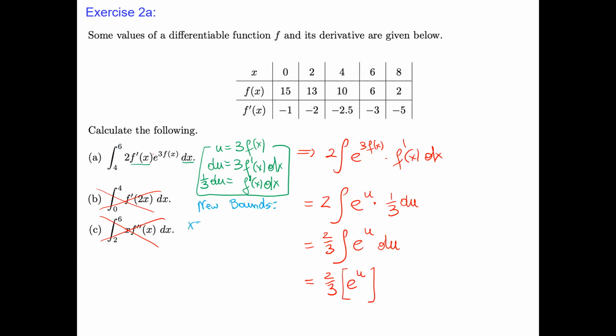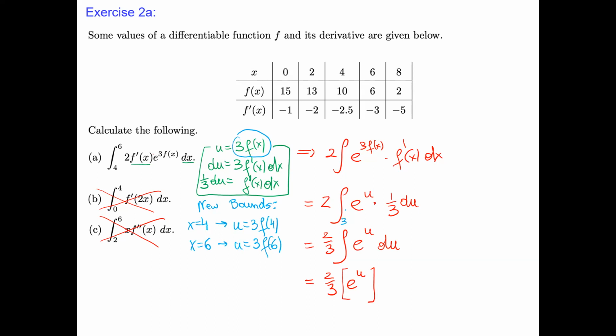When x was 4, the new u value will be 3 times f of 4. We will just use the substitution, and instead of x we replace it with the original x value. And then u will be 3 f of 6.